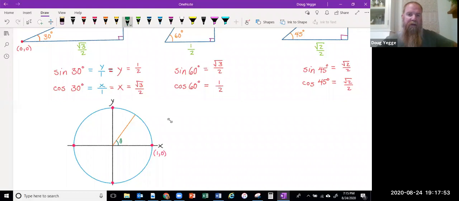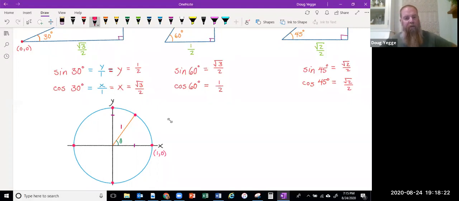So at this given angle theta, notice that that angle intersects the circle at some particular point in the xy plane. More specifically, it would have this x coordinate, and it would have this y coordinate. So if we want to determine what that point on this circle is, we've got to realize that this hypotenuse is 1 unit long.